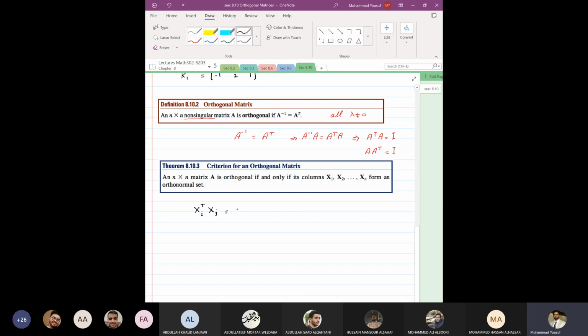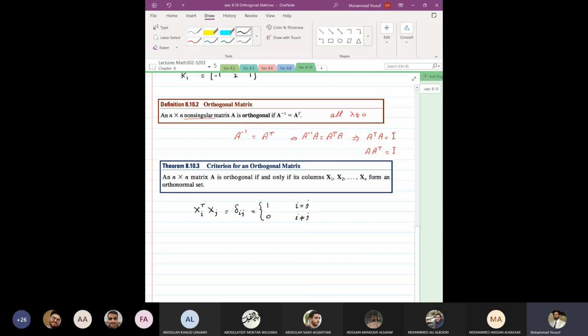You know the symbol notation delta ij. Now this delta ij is a notation in which the answer is 1 when i is equal to j, and the answer is 0 when i and j are not equal. Maybe you have not seen this before, so see it now.